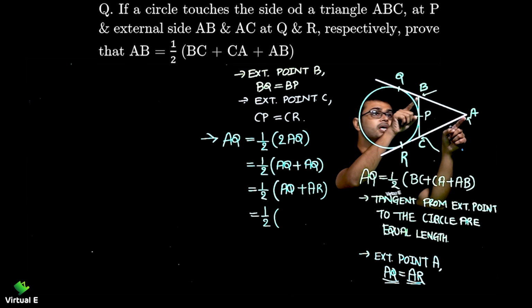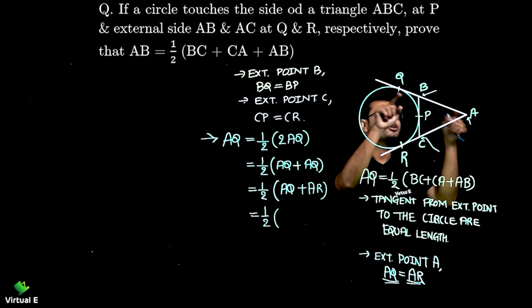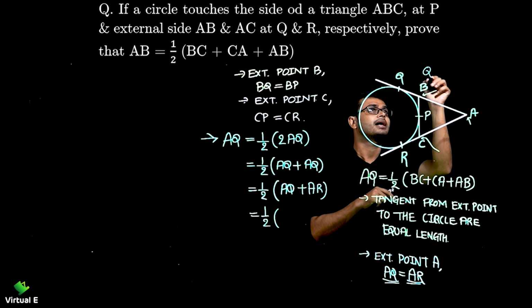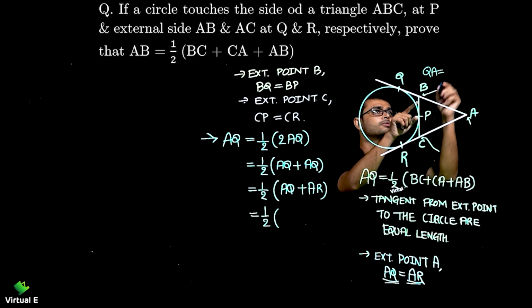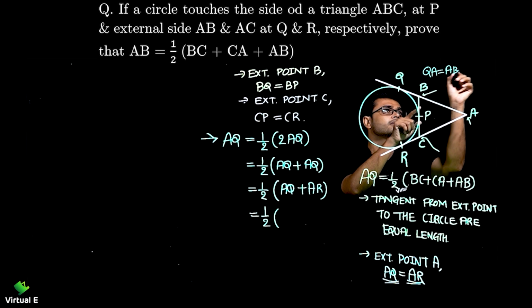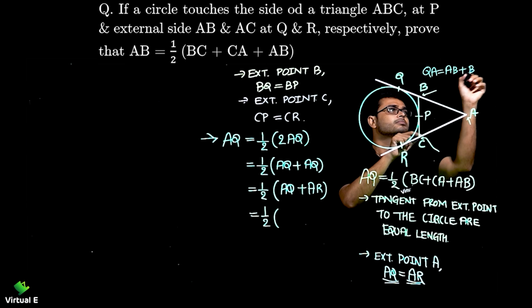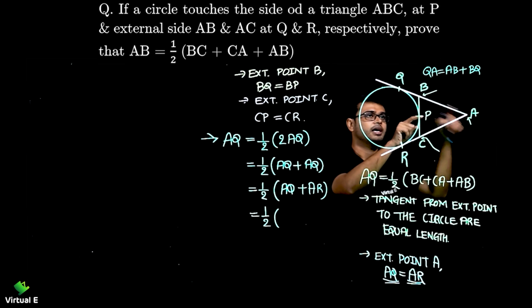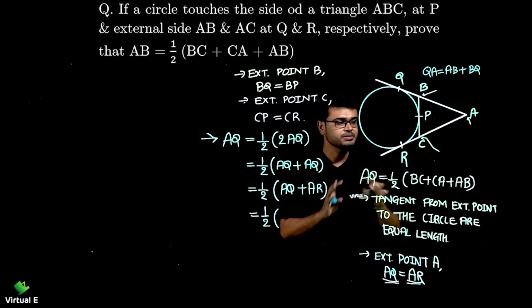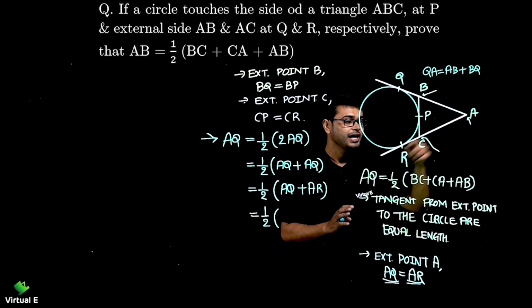Now see BA. Can I write QA? See over here, as in the previous question, QA is equal to AB plus BQ, right? I can express QA in these two forms as well, AB plus BQ. Simple. Same I can write for AR as well.